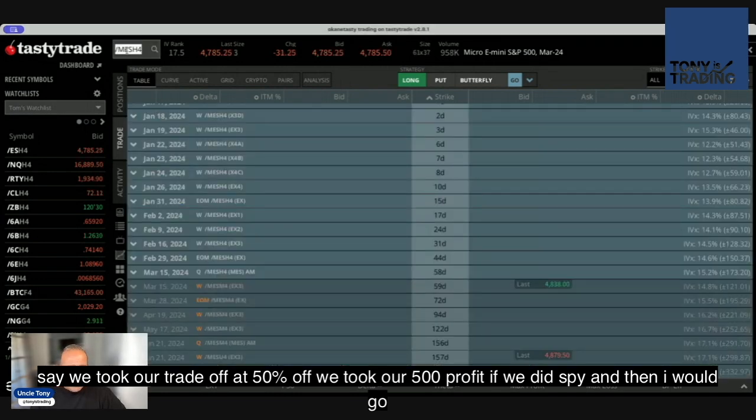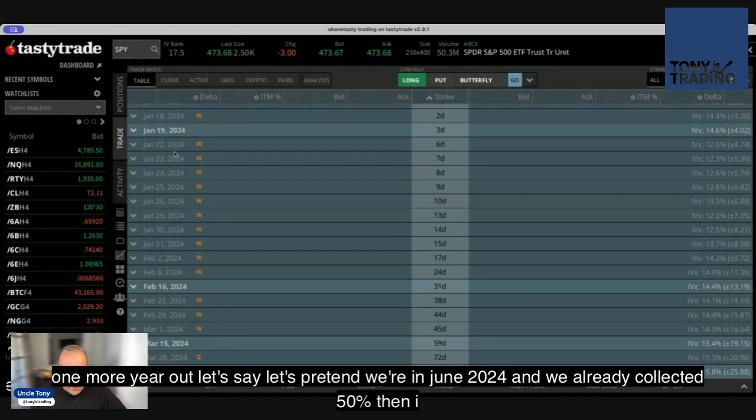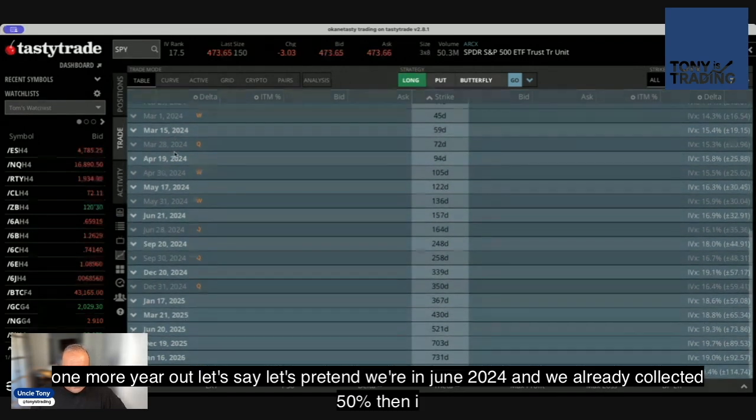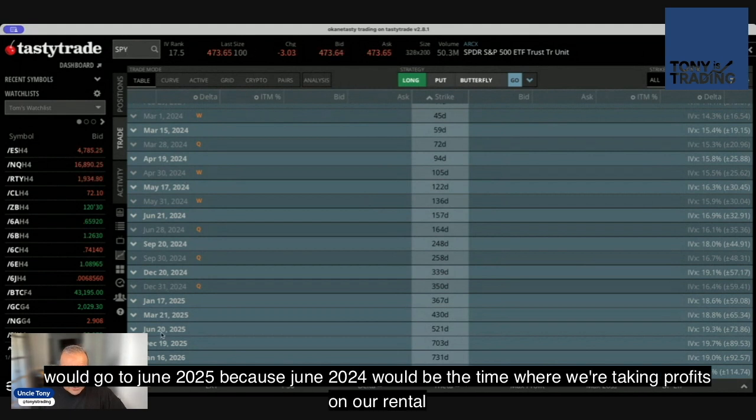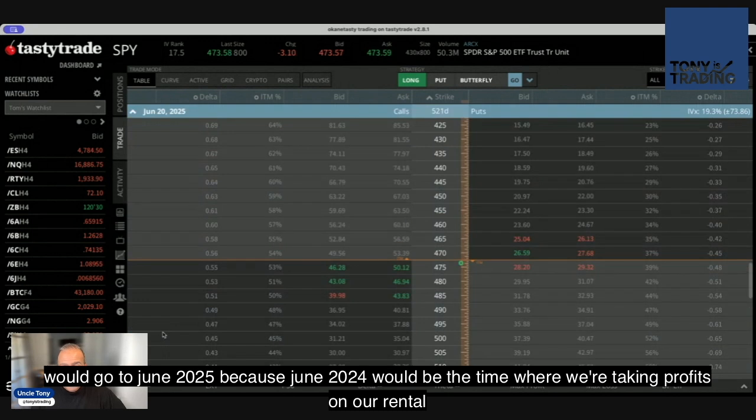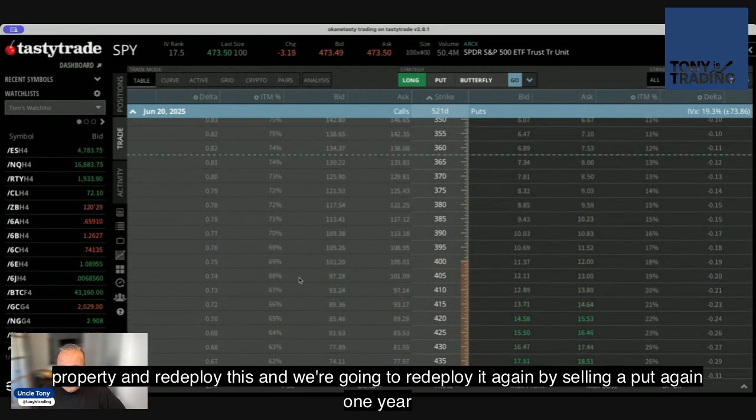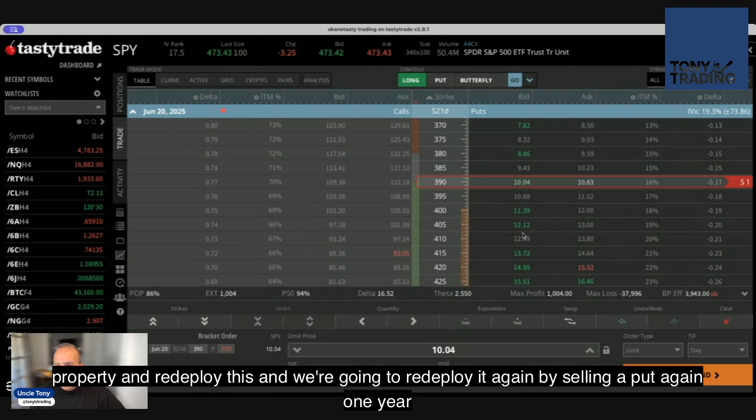And then I would go one more year out. Let's pretend we're in June 2024 and we already collected 50%. Then I would go to June 2025 because June 2024 would be the time where we're taking profits on our rental property and redeploy this. And we're going to redeploy it again by selling a put again 1 year out.